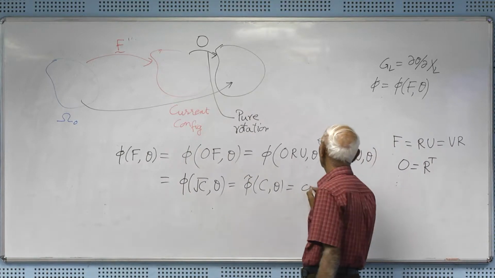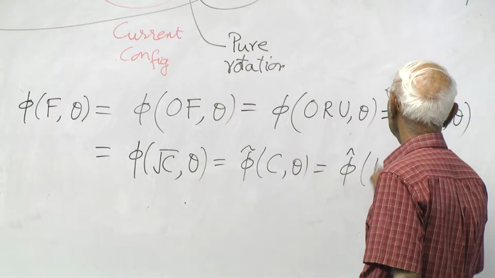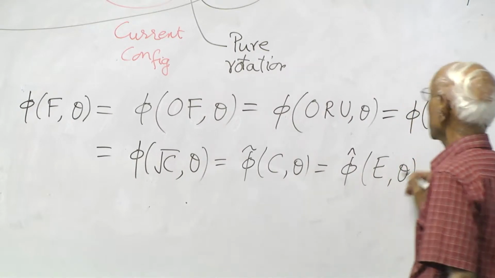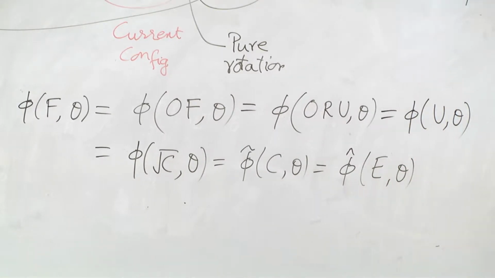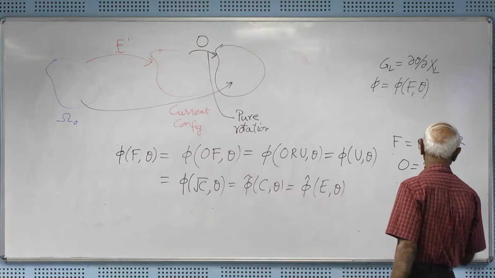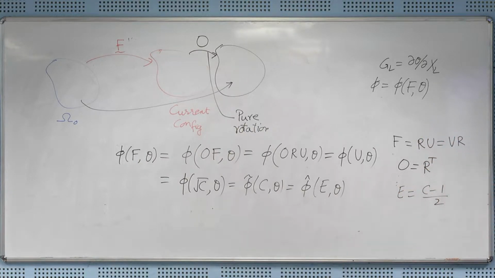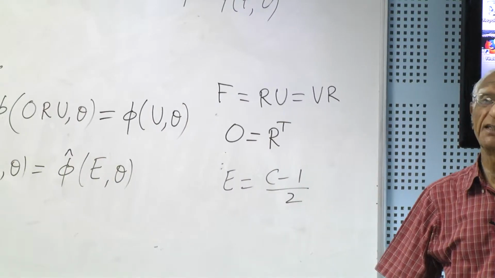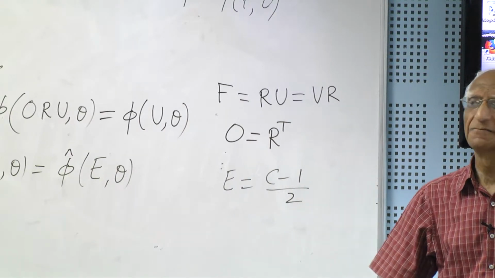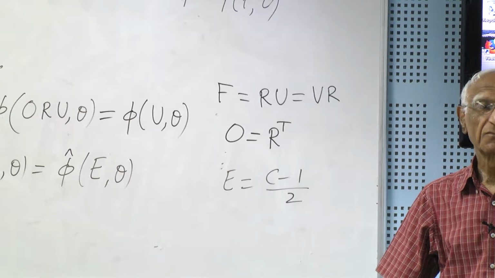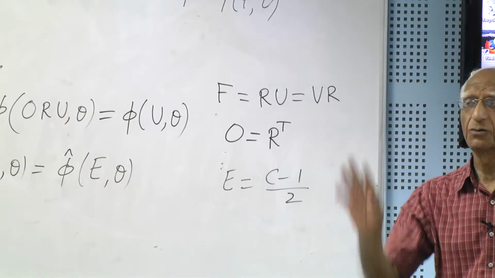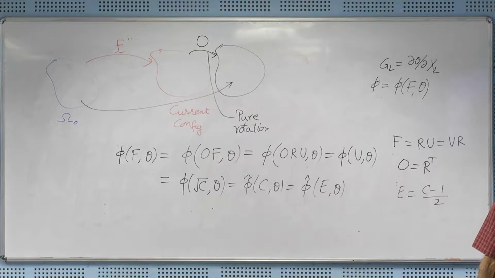So this is a different function of E, because E equals (C minus 1) over 2. So I can substitute C equal to 1 plus 2E, identity plus 2E. Now those of you who are asking me about the neo-Hookean material, it will show up in a minute.